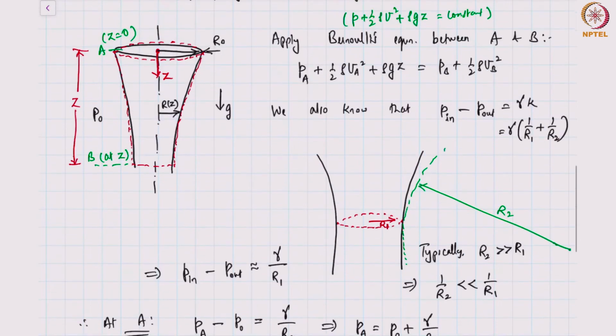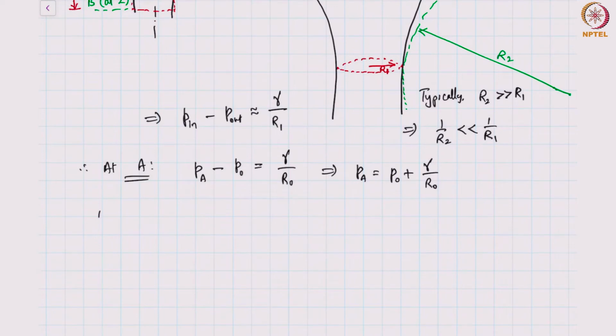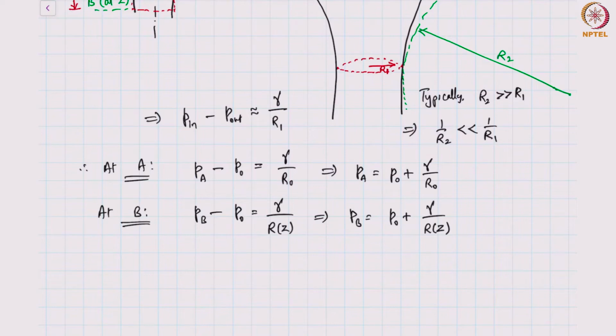The hydrostatic part need not be considered here because in the Bernoulli's equation I've already taken that into account with this extra term rho g z. At B, the same expression gives me PB minus P0 will be gamma by, I do not know the radius, therefore I'll call it R of z. And this gives me PB will be P0 plus gamma by R of z.